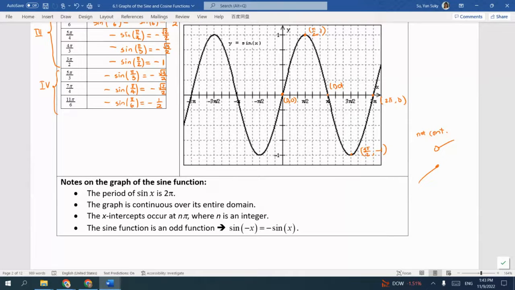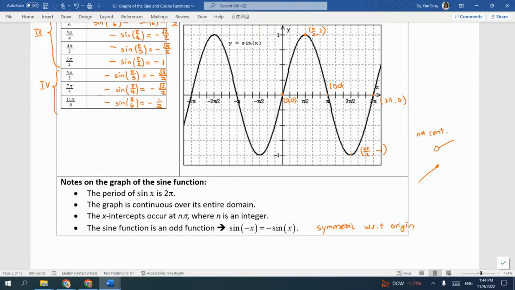Furthermore, the sine function is an odd function. Remember, odd function, we have symmetry with respect to the origin. Do you still remember even function, the odd function? Odd function, symmetric with respect to the origin.